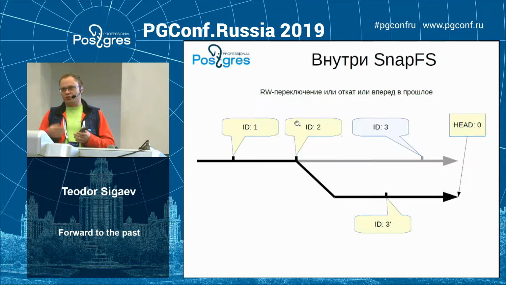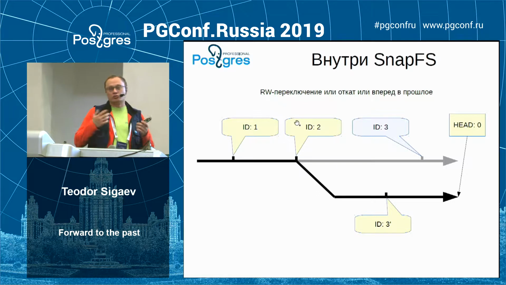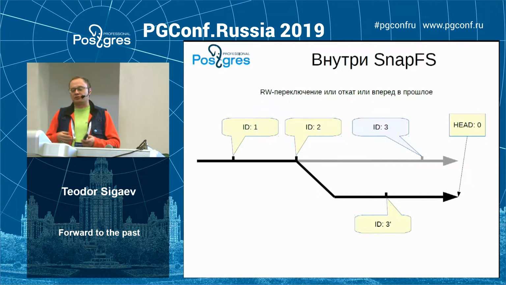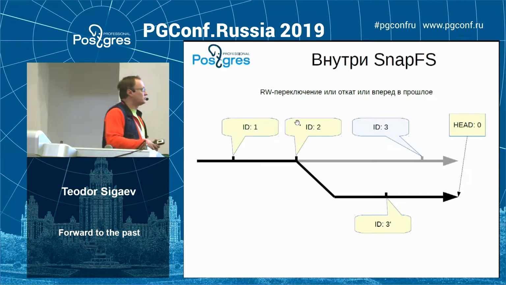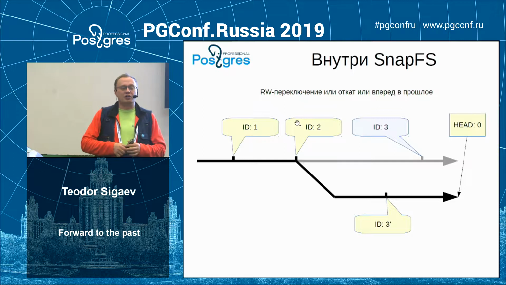Just to give you a hint that it will be in a different point in time, maybe with the same objectives, but it will be a different snapshot, and you won't be able to get back to the original head and to ID 3, so you have a new history in place.